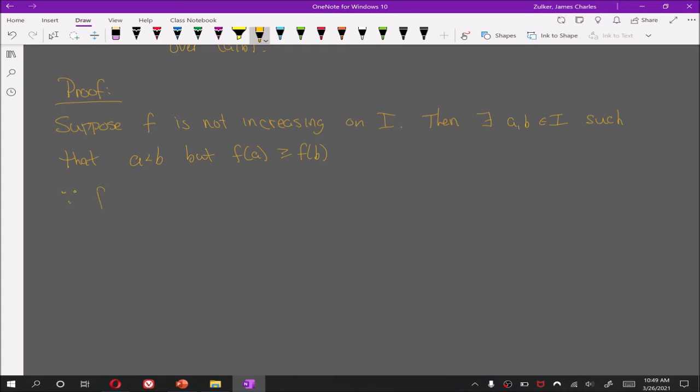Now, since f is differentiable on I, the mean value theorem says that we must have a value c in a to b such that f prime of c is equal to f of b minus f of a over b minus a.